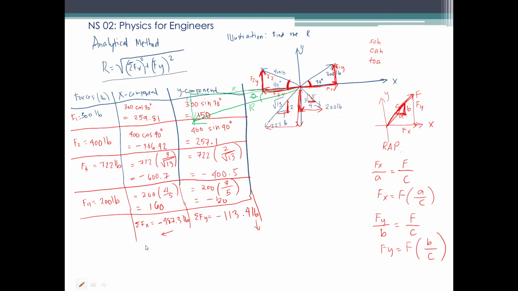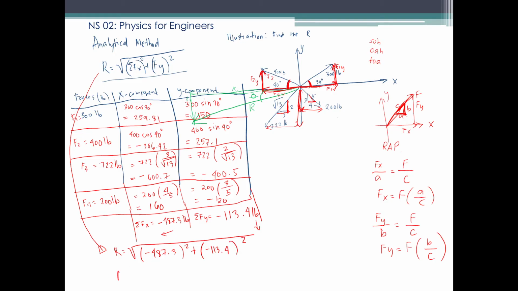Okay, continue solving. From this formula that we have, substitute values. So, the resultant is equal to the square root of the summation of Fx, which is negative 487.3 squared, plus Fy, negative 113.4 squared.